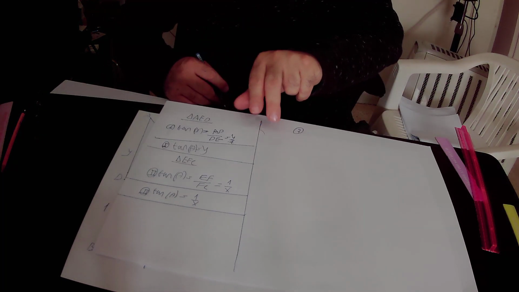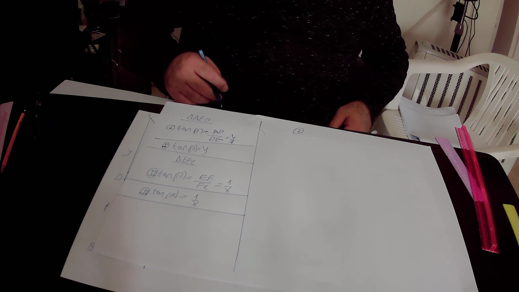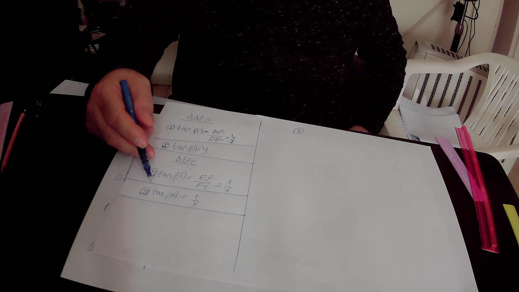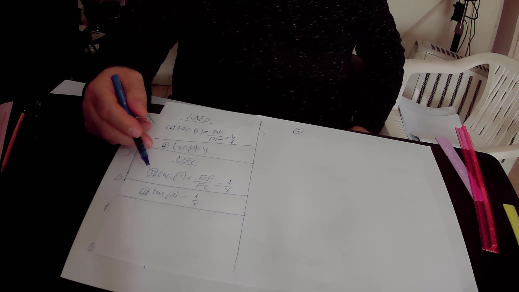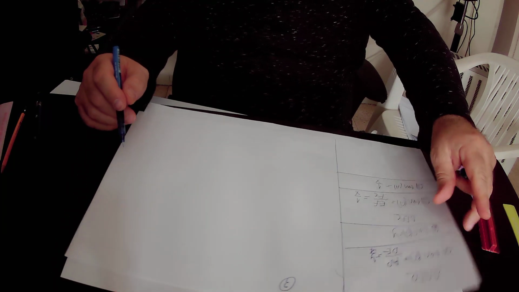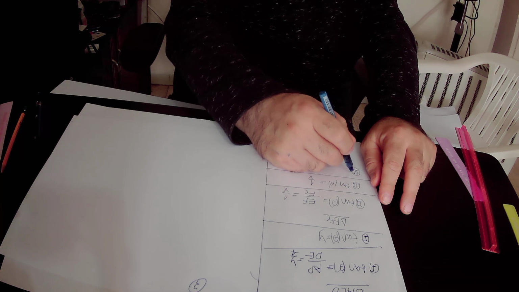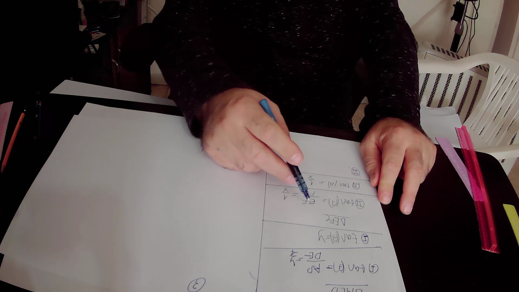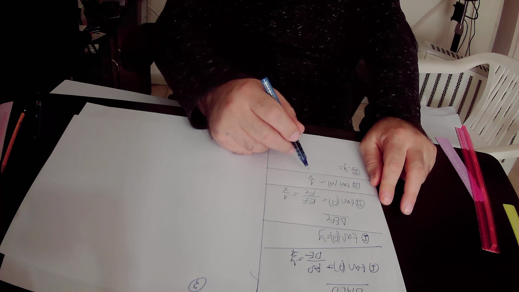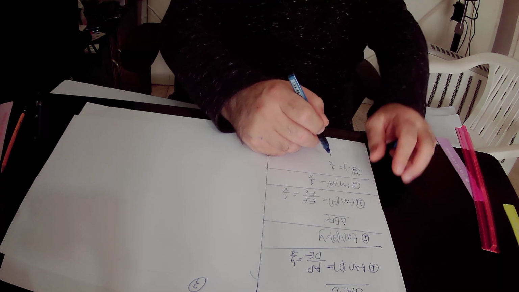In the next step, we will create equation number 3 that states that tangent theta according to equation number 1 must be equal to tangent theta according to equation number 2. So tangent theta according to equation number 1 is y, and it must be equal to tangent theta according to equation number 2, that is 1 over x.